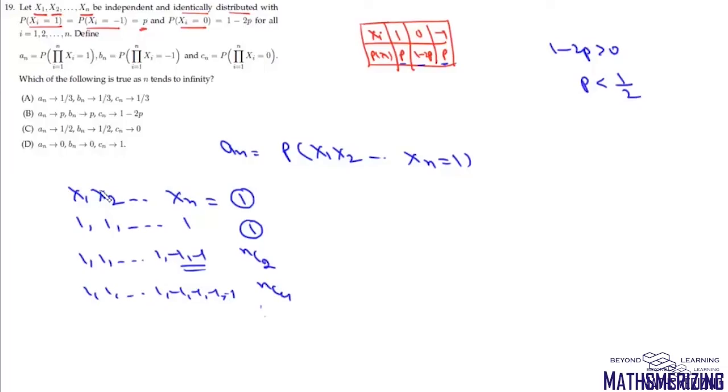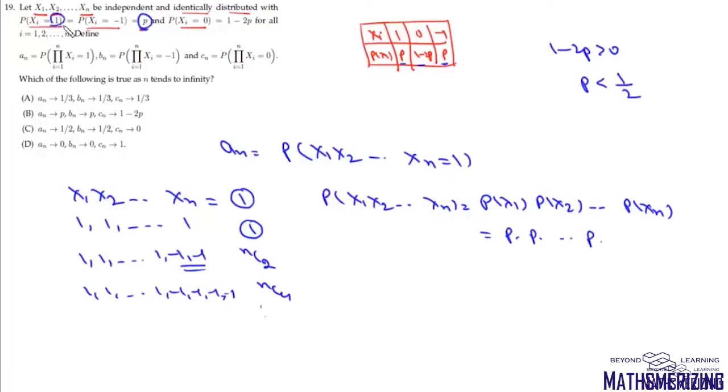Now since all these distributions are independent, then we know that in any scenario P(x1 x2 ... xn) will be P(x1) into P(x2) into P(xn), which will be simply p into p n times, because for plus 1 this probability is p and for minus 1 also this probability is p. For each of these conditions this probability will be p into p n times, and that should be p to the power n.